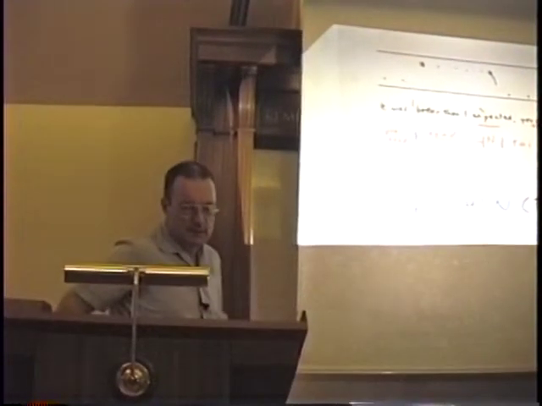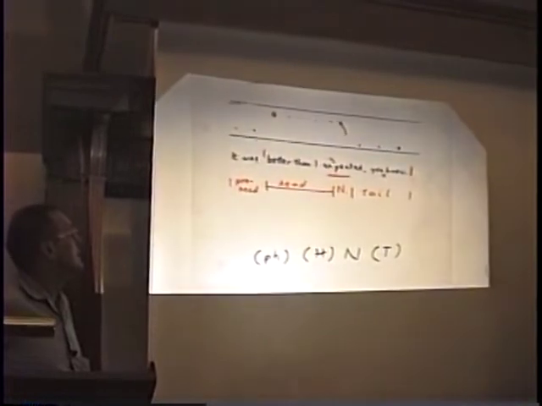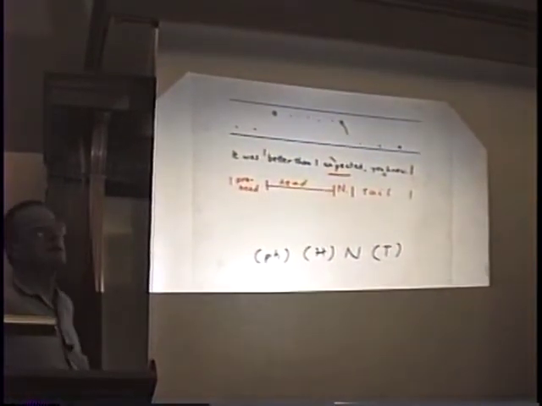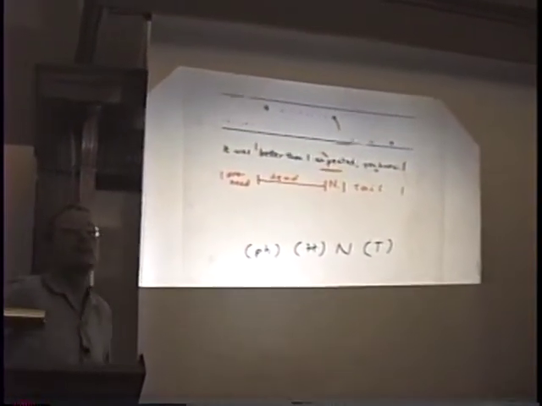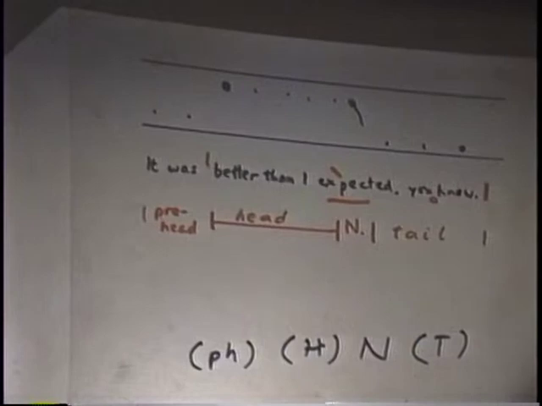This means that the maximum possible number of components in a tone unit is 4. If we have a prehead, a head, a nucleus, and a tail. So there's an example that has got more present.